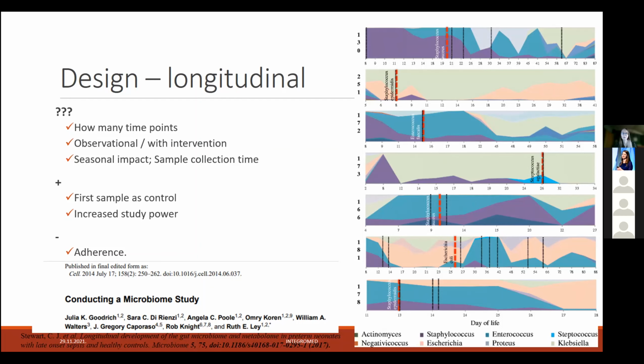We should take into account that, especially if the time frame is quite long, some patients may start antibiotic treatment, so they would not be suitable for your study. Some just wouldn't want to continue to participate and so on. So you definitely have to take into account the possibility of dropouts from your study group.